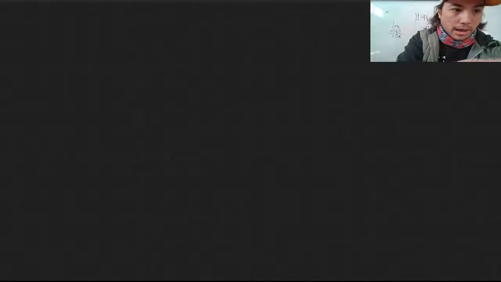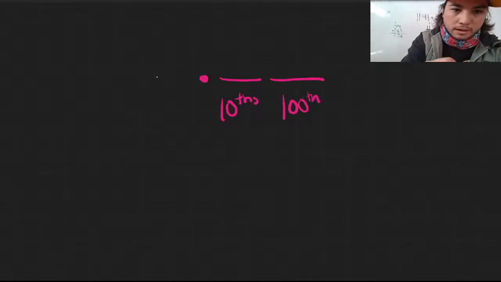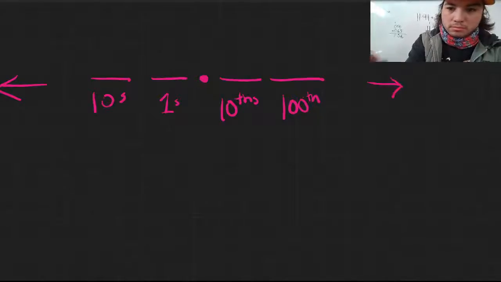So I'm going to draw out, I'll go black and pink here. I'm going to draw out, here's our decimal point, and then here's our tenths place, and here's our hundredths place, okay? And then here's our ones, and here's our tens, and so on. Just like place value, these continue 10 times more, 10 times less.